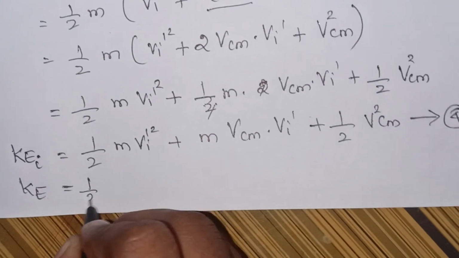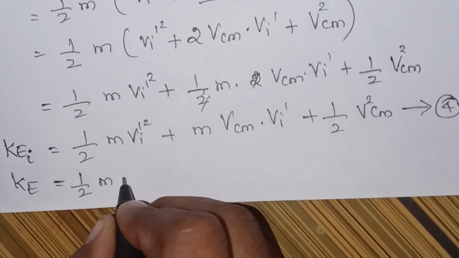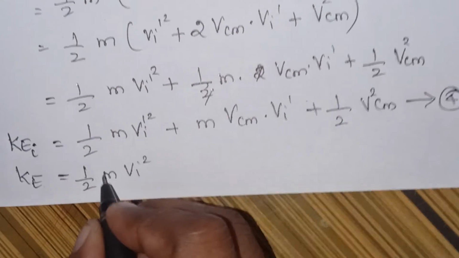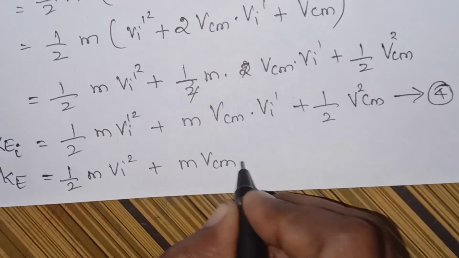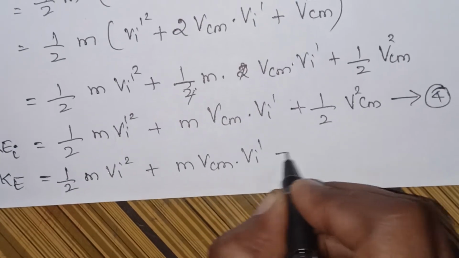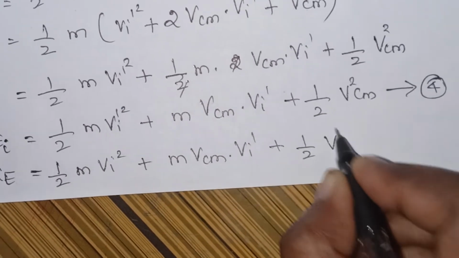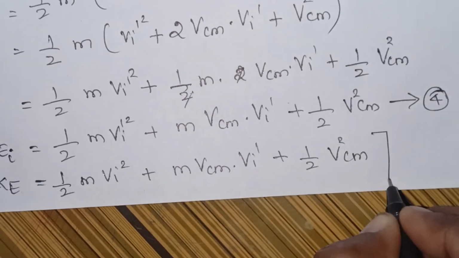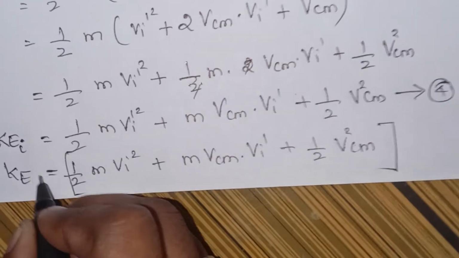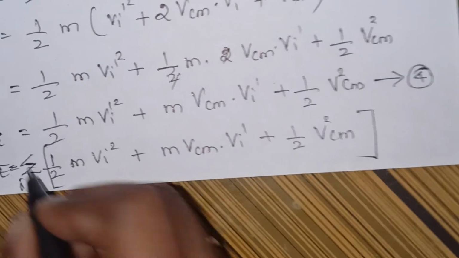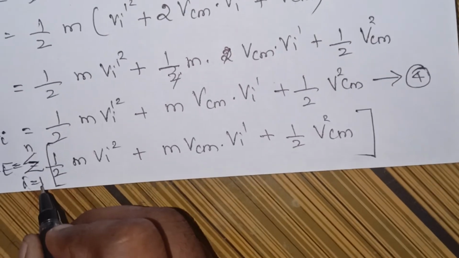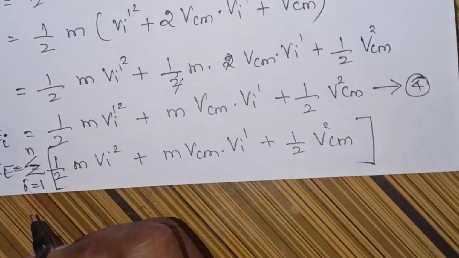So this is 1 by 2 m Vi dash squared plus m Vcm into Vi dash plus half m V squared cm, the whole thing into summation where i is equal to 1 to n. That is, n number of particles it contains.